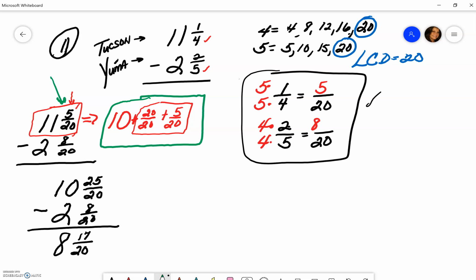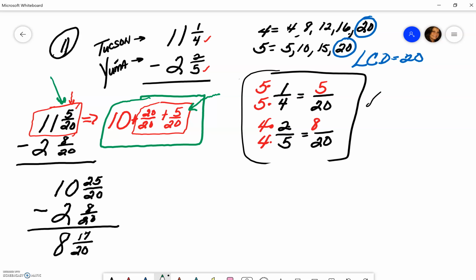Now, I know in the previous problem, I showed you that we had 7, and then we took it from 6 and 7 over 7. Well, this one's a little different because we have 11 and 5 over 20. We still need to do something with this, and that's when you just add it in.